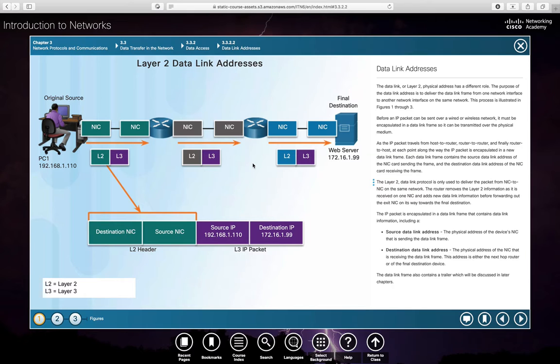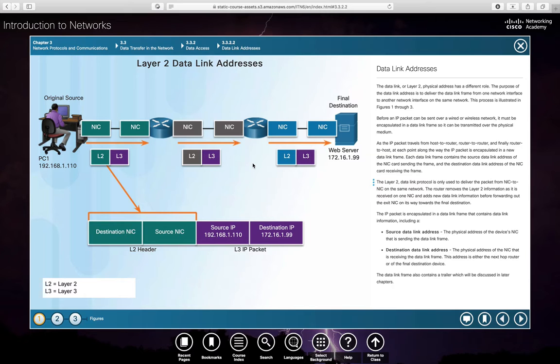So we start at layer 7, we're coming down, we're encapsulating, and then we go to the router and we de-encapsulate one layer, so we can go up to layer 3. We make routing decisions, and then we will re-encapsulate it down into a layer 2 frame.